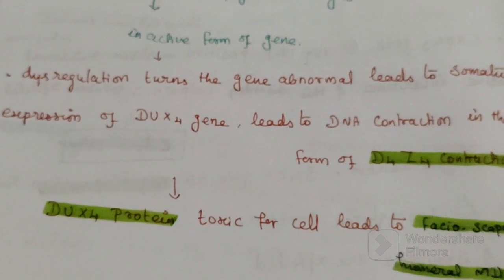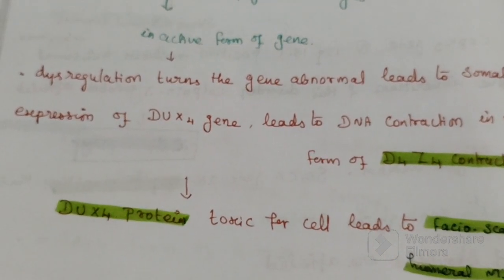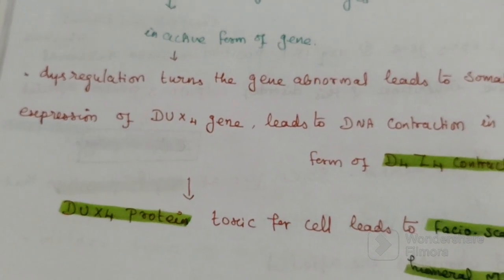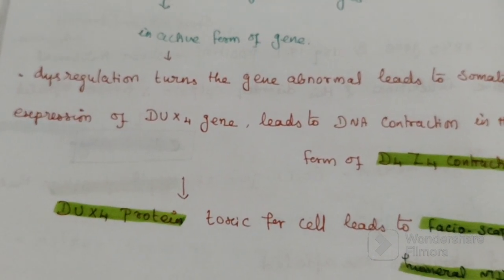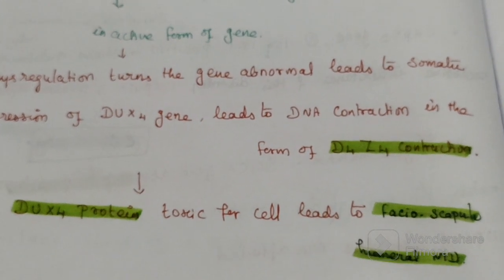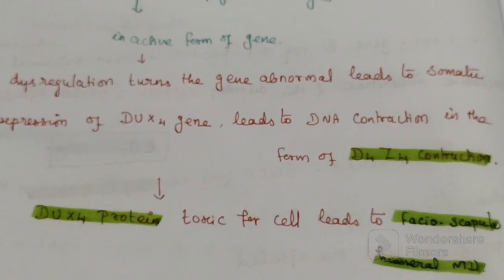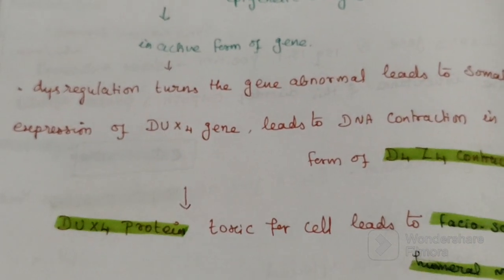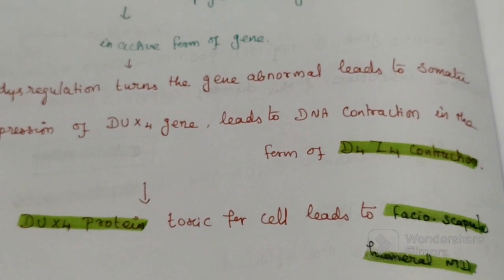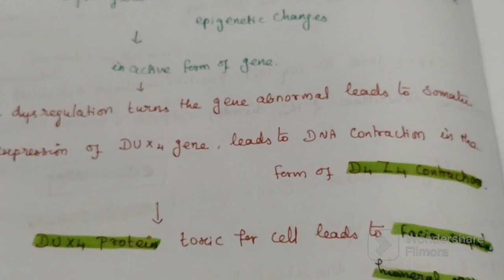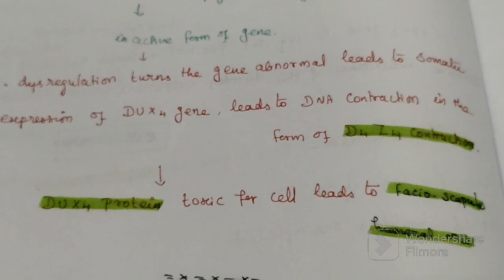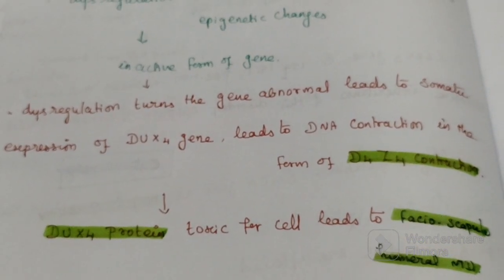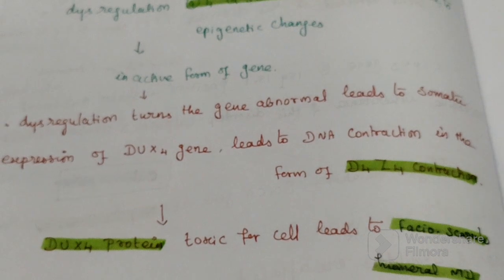This contraction deletes the D4Z4 repeat arrays, which is lethal for the cell because this D4Z4 repeat array acts as a transcriptional silencer within the cell, and when these repeat arrays are deleted, cell death is inevitable.